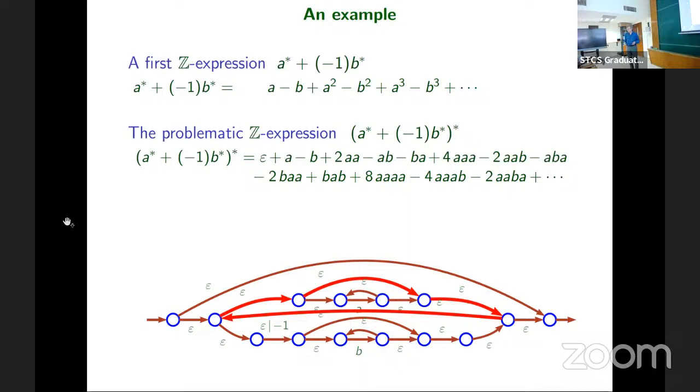Yes, you're right. The epsilon cycle is not good. But at the same time, what if on the epsilon cycle there is the product of, just what I said before. Suppose that you have this automaton. Okay, so this is an epsilon cycle.